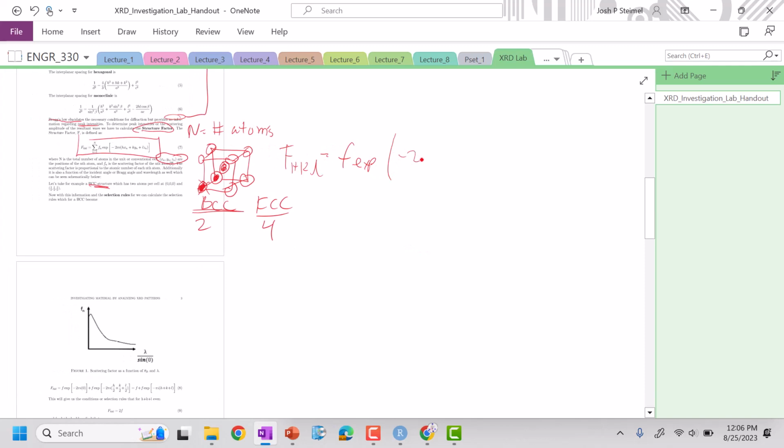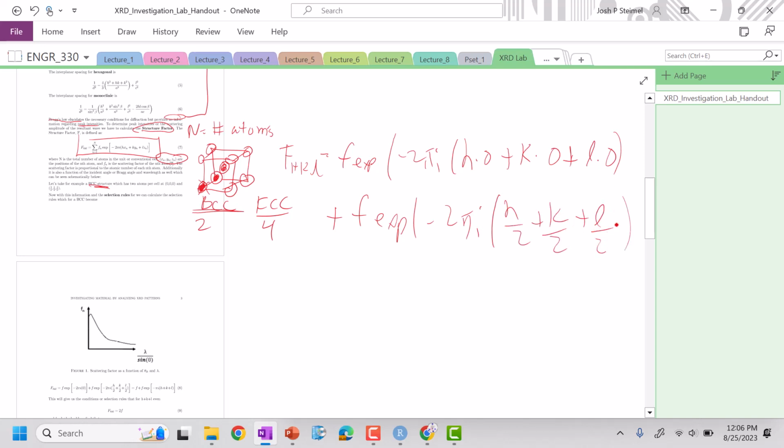Exponential minus 2 pi I times h times 0, again, I'm going to do this once, times 0, k plus L times 0, plus f exponential minus 2 pi I times h over 2 plus k over 2 plus L over 2.